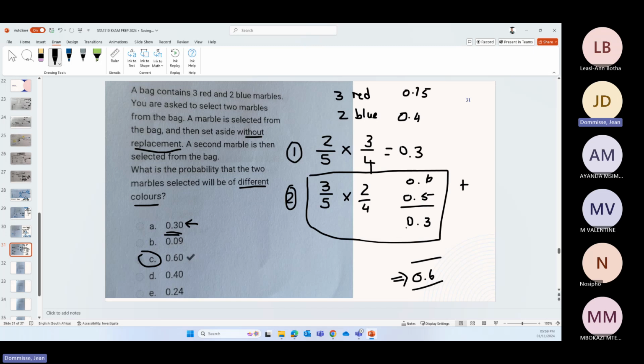I would not have gone that way. So I definitely am with you on this one. I'm losing my marbles with this one, because I would have gone for 0.3 and not added those to give us 0.6.